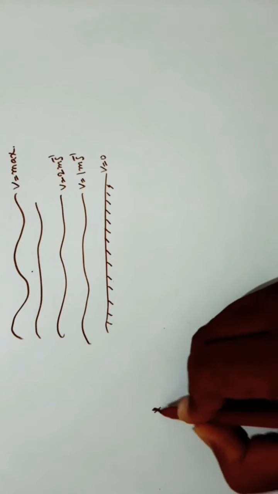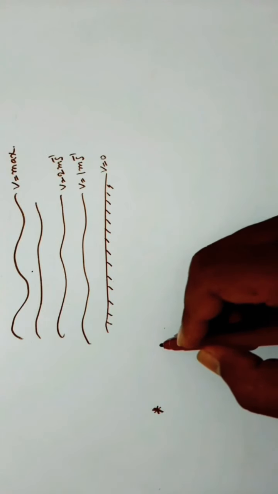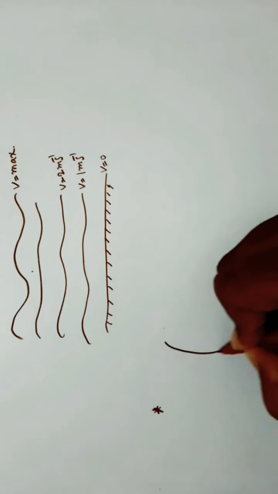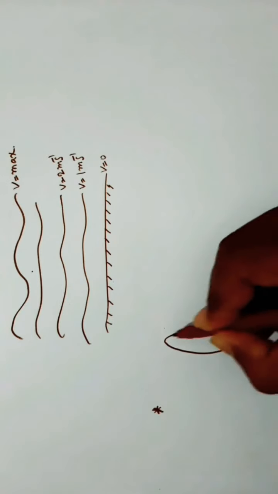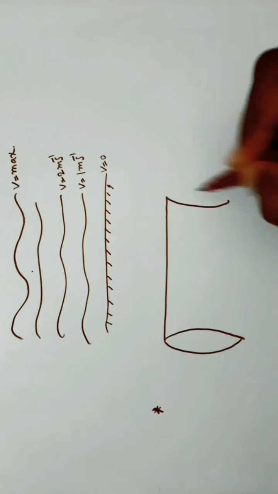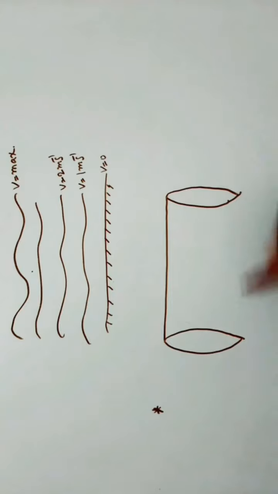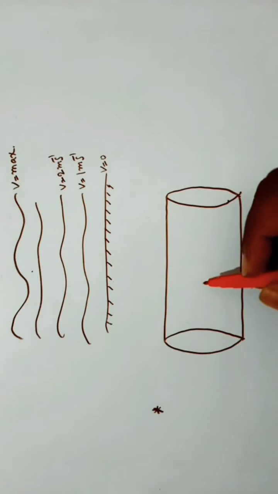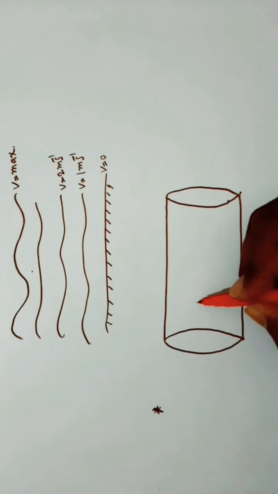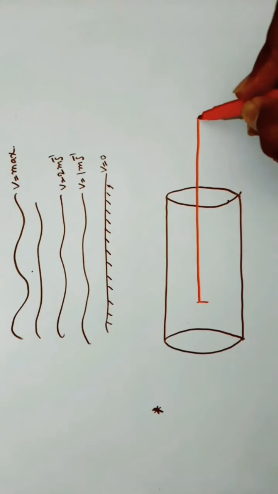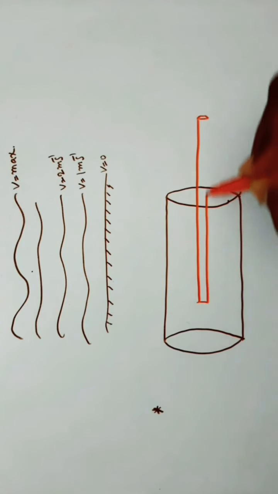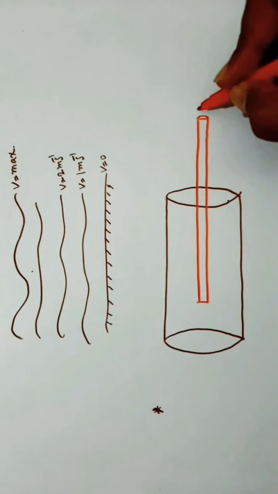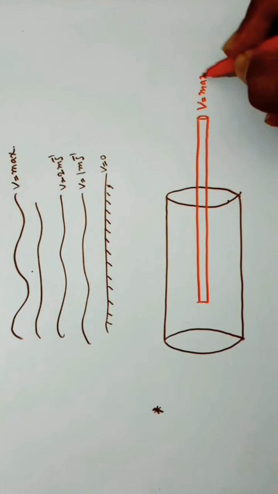When a fluid is flowing in a pipe or a tube, the velocity of the liquid layer along the axis of the tube is maximum. Here the velocity is maximum.